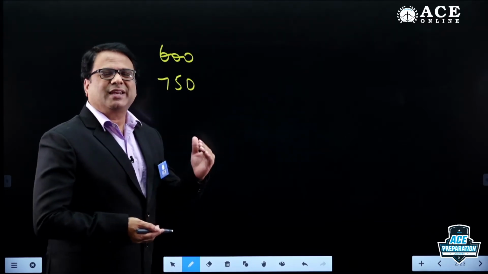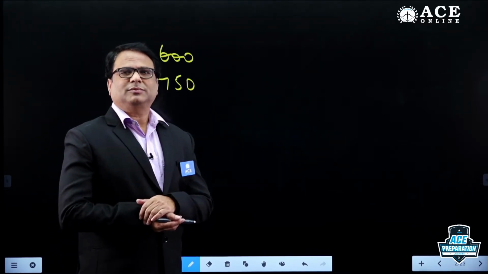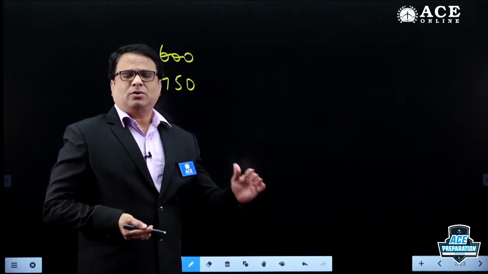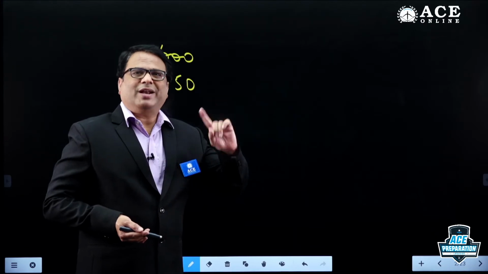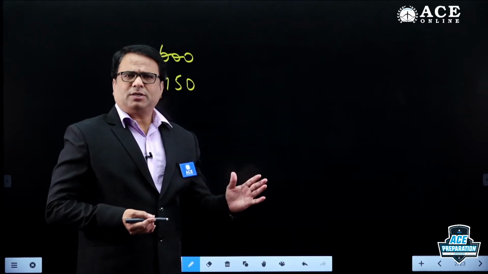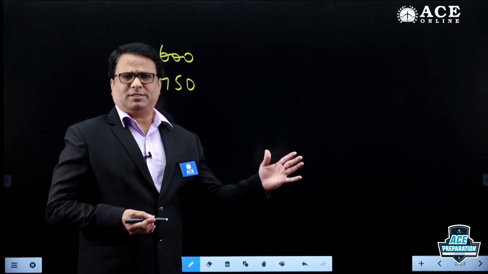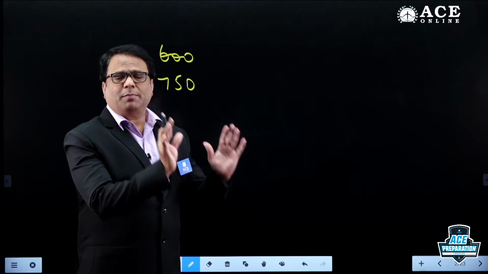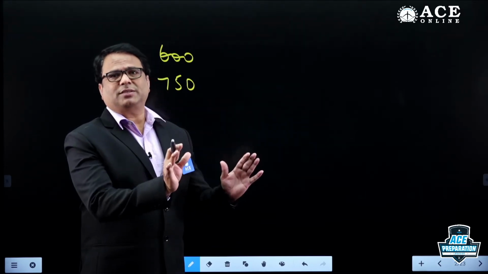So what is the increase percent in my score? Or you can say the score in the second test is what percent more when compared to the score in the first test. So you can call it increase percent, or you can also call it more percent. And how to do this calculation? This forms one of the very basic calculations in percentages.